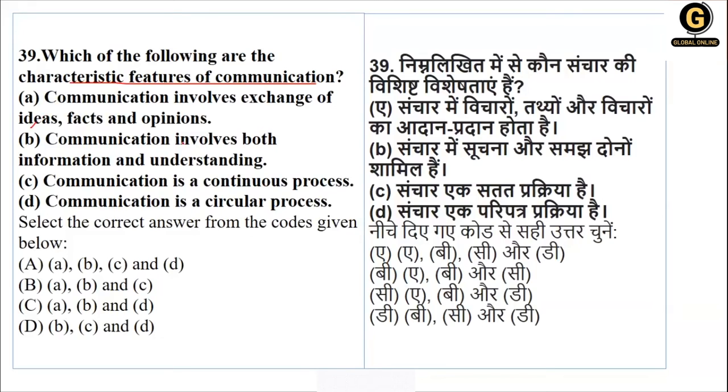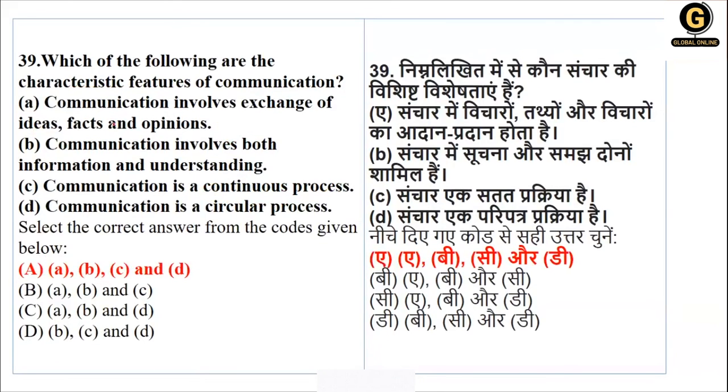So yes, this is a right option. Communication involves both information and understanding. Yes. Continuous होना चाहिए. Yes. Circular होना चाहिए. It's like two-way type. Yes. So if you see, all the options are correct. So option number A, which includes all the option A, B, C, and D. So your right option for this question is option number A.